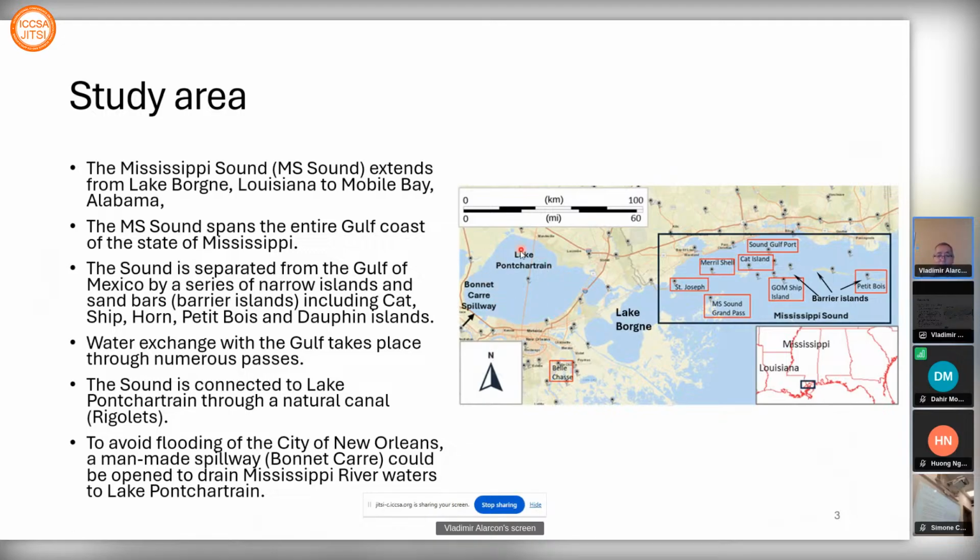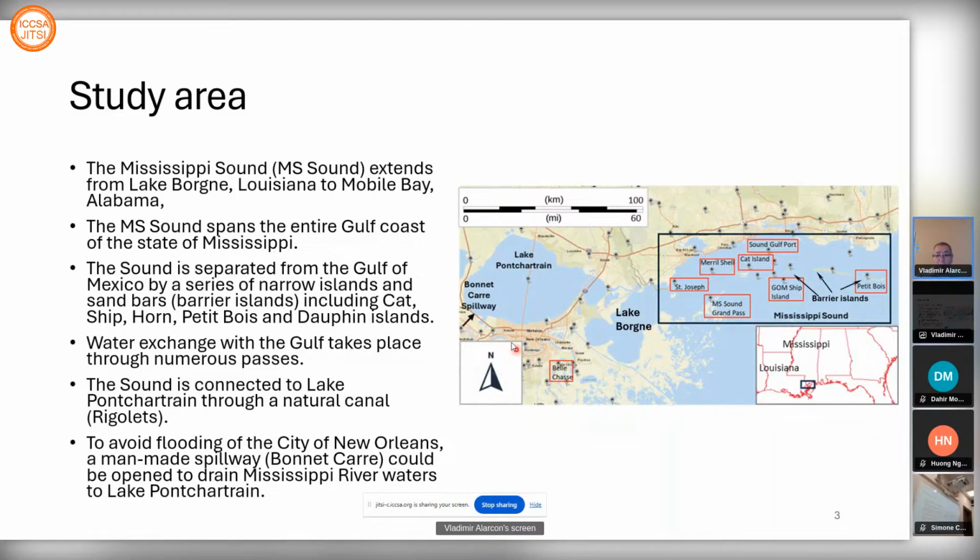Lake Pontchartrain is a natural lake close to the city of New Orleans. On the western side of this lake, there is a hydraulic structure and spillway, the Bonnet Carré Spillway, depending on the pronunciation you want to use. This is a flood control structure that opens only when the Mississippi River has excessive flow.